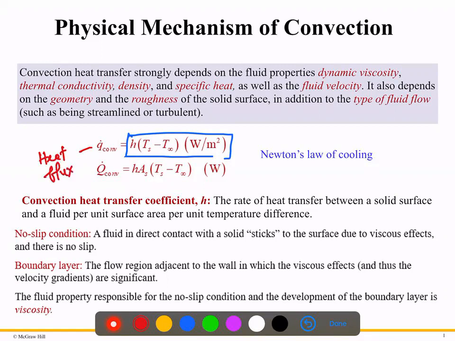So what is heat flux? If we know Q dot, the rate of heat transfer, and we divide it by area, per unit area, then we'll get the heat flux.